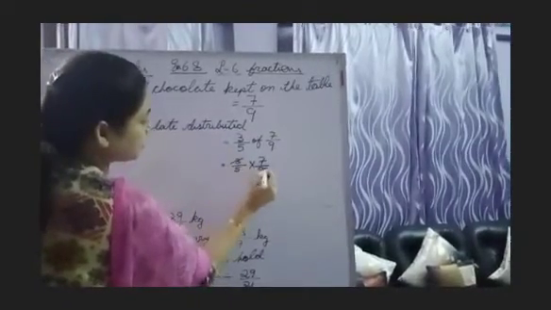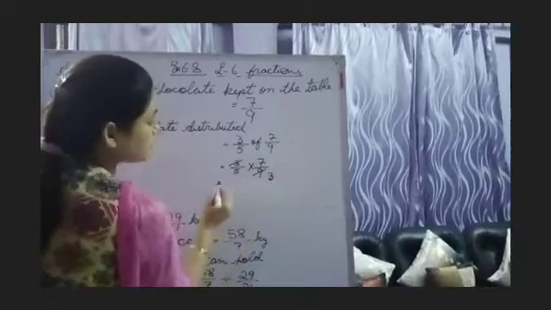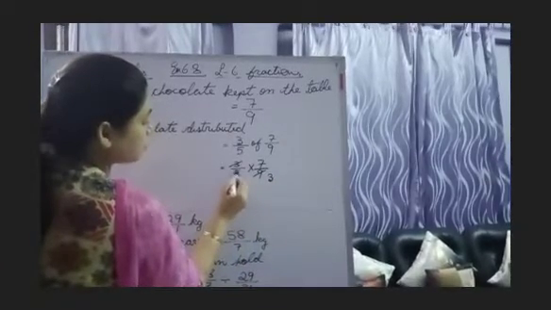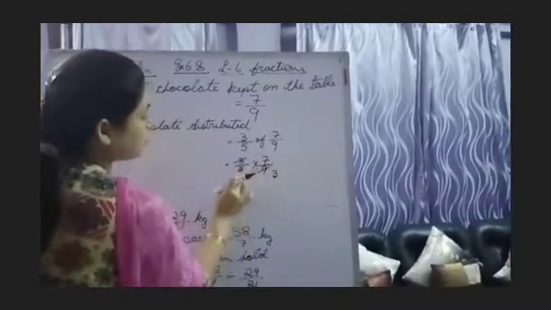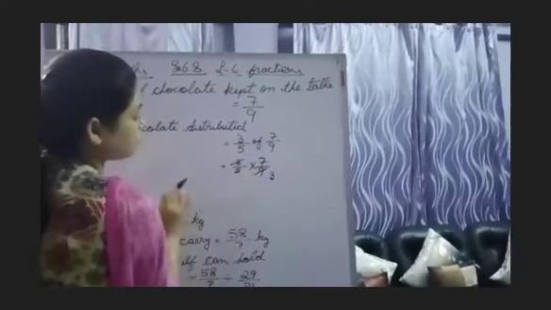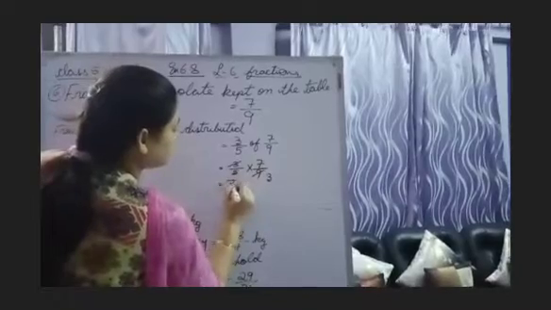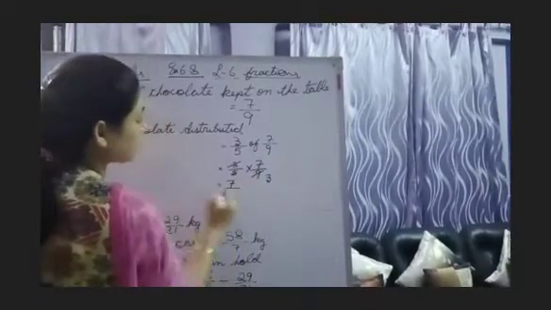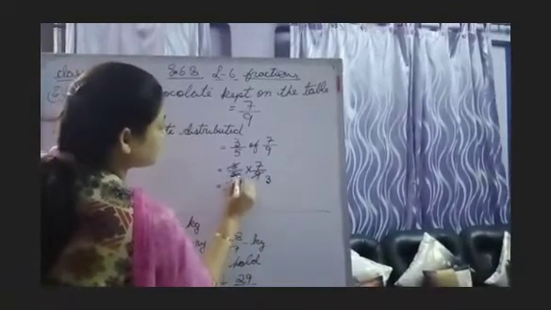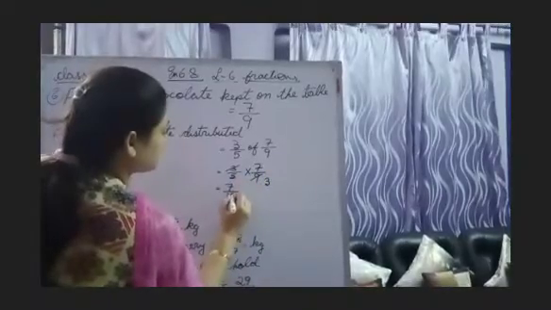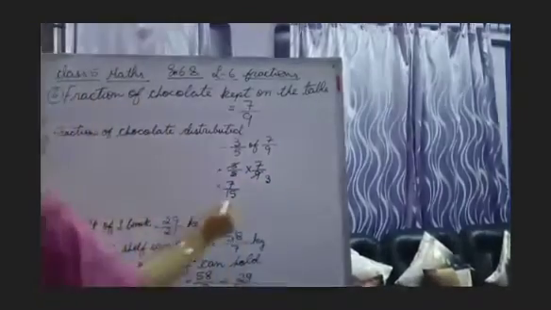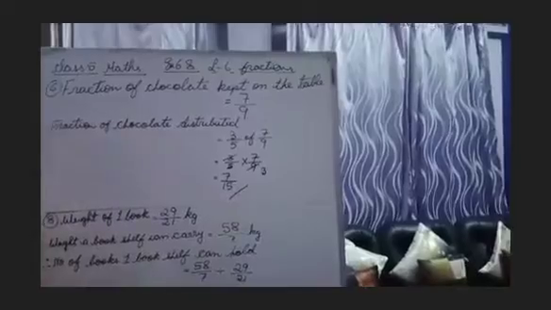Yes, 3 one time, 3 times. Now 5 is an odd number and 7 is also an odd number, so we cannot do any cancellation here. What is left? In the numerator only 7 is left, and in the denominator 5 into 3, that is equal to 15. So this is the answer. Now let us come to question number 7.